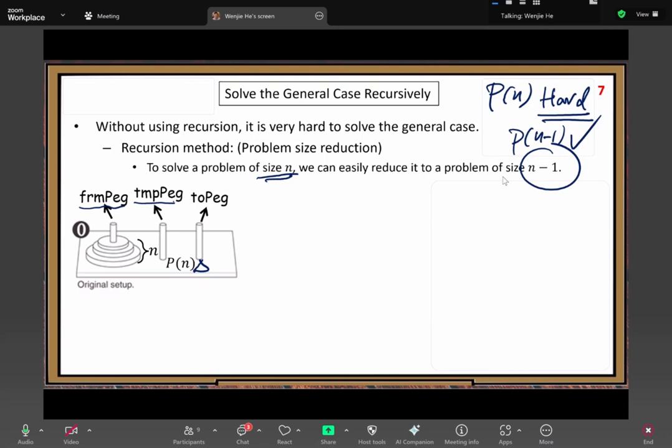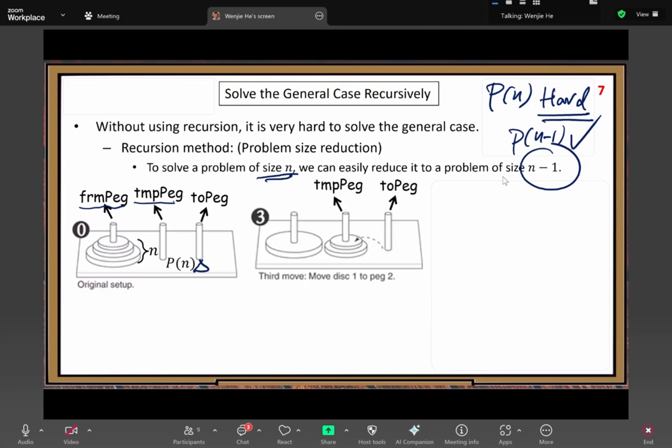Our goal, we need to move all the n disks to the destination peg. To do that, let's do this. Let's apply our n minus 1 solution first. So this is the n minus 1 solution.